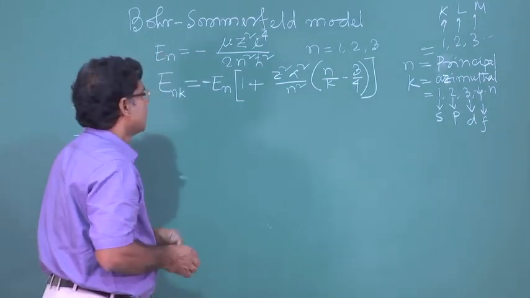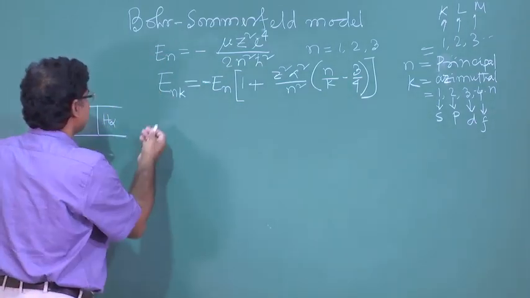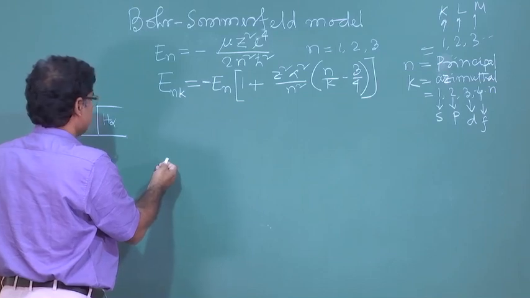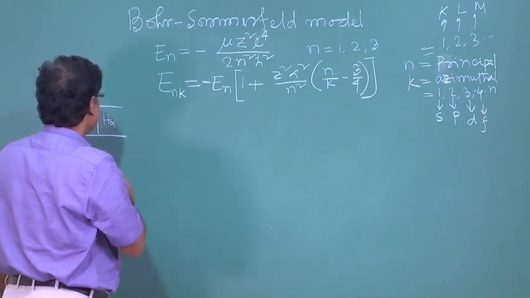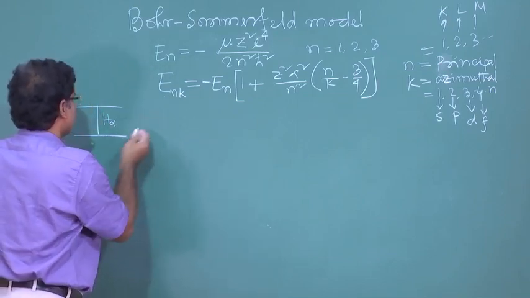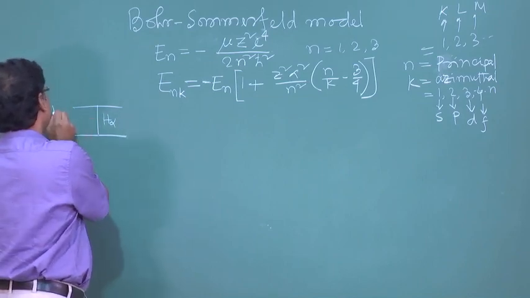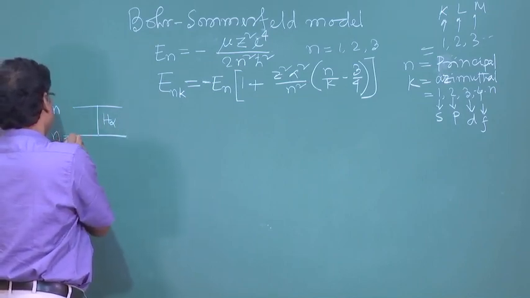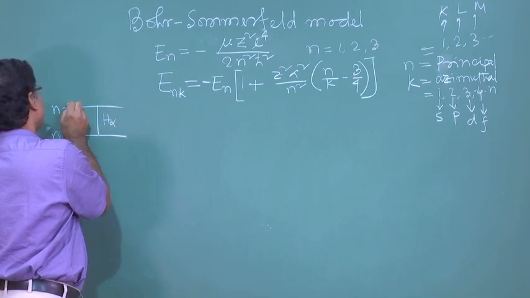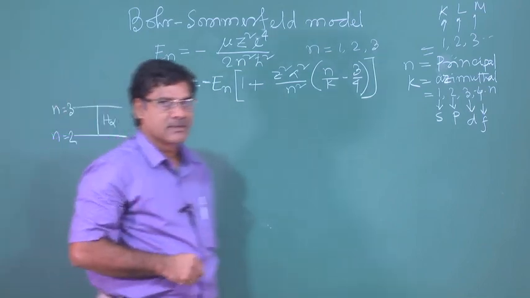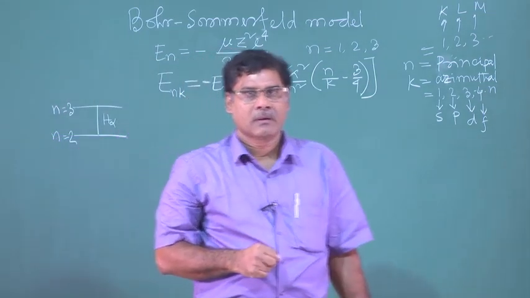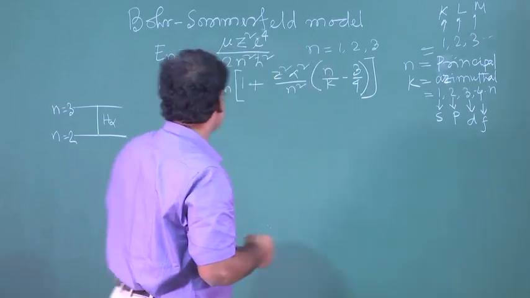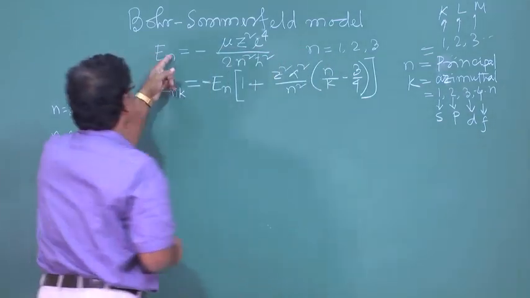Here, if I draw this for a hydrogen atom, H alpha is the transition from n equal to 3 to n equal to 2, in the Balmer series.